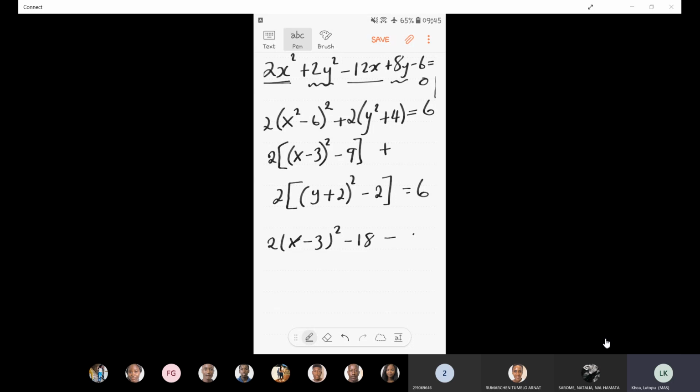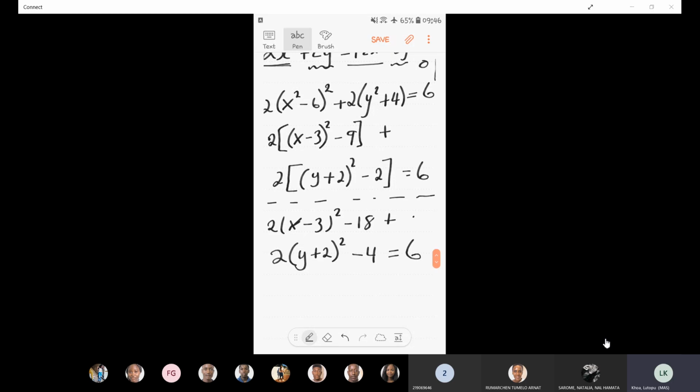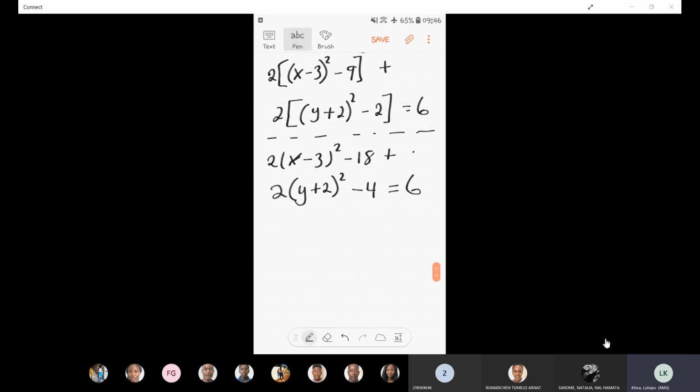So I have plus 2(y plus 2) squared minus 8, and this is all equal to 6. So let me just check. I think I've multiplied it out correctly. That's fine. Then I will take the minus 18 and the minus 8. When I combine them, I get minus 26, which I will then have to take to the other side.